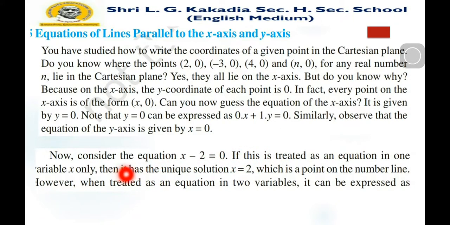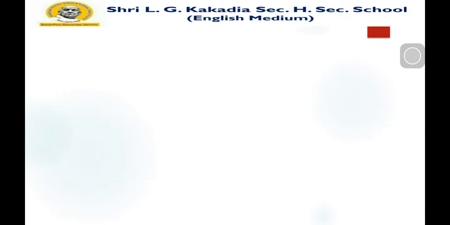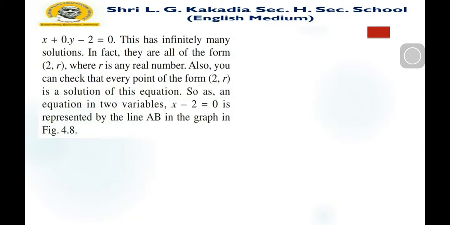However, when treated as an equation in two variables, it can be expressed as x plus 0 into y minus 2 is equal to 0. It is a linear equation in two variables that we have converted. This has infinitely many solutions.